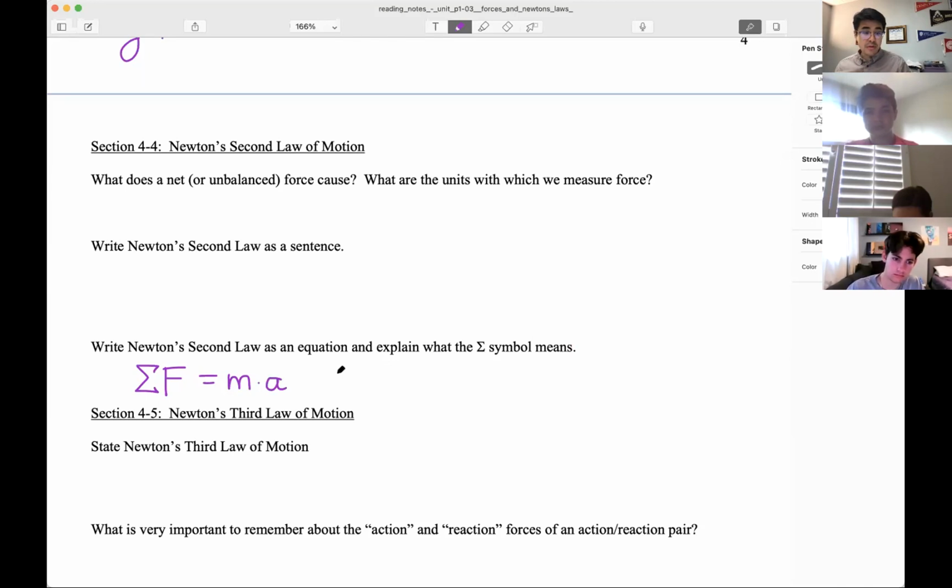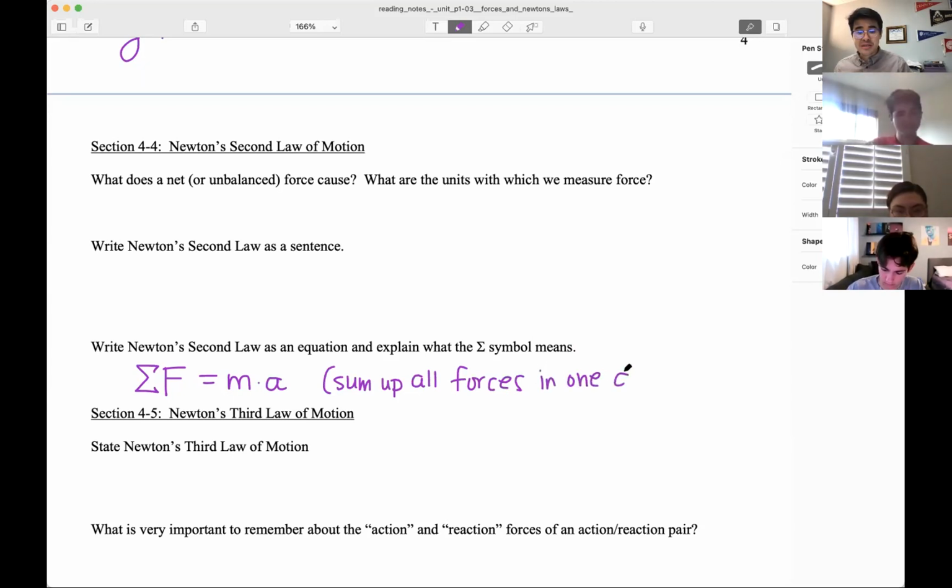Total, sum, right? Sigma is literally the Greek letter S. Sum up all the forces. And then I'm going to add a caveat here, right? In one direction. We cannot add up the vertical and horizontal forces. We cannot add up perpendicular forces. That's not going to work for any of our acceleration problems.